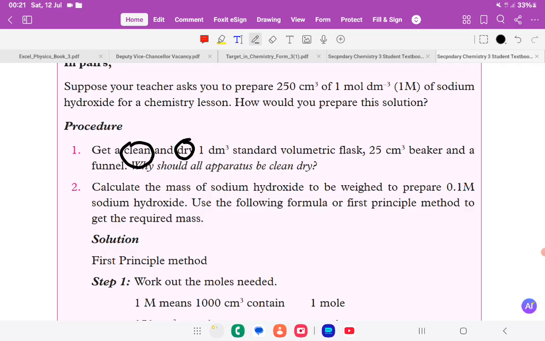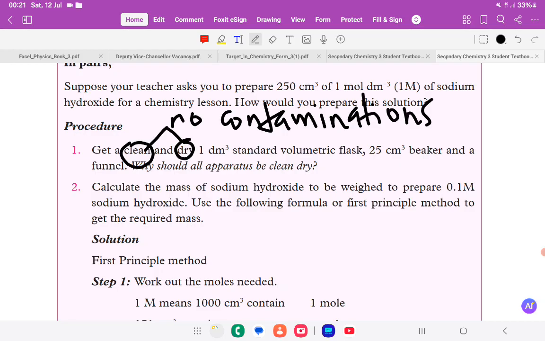The reason why it needs to be dry and clean is to ensure that it has no contaminations, because contaminations usually change the nature of the solution. So if your volumetric flask is not clean, make sure that it's cleaned.